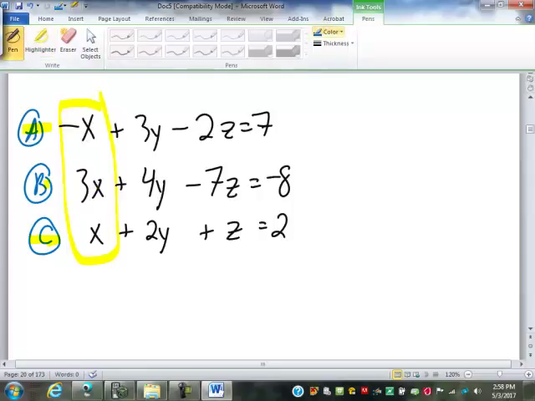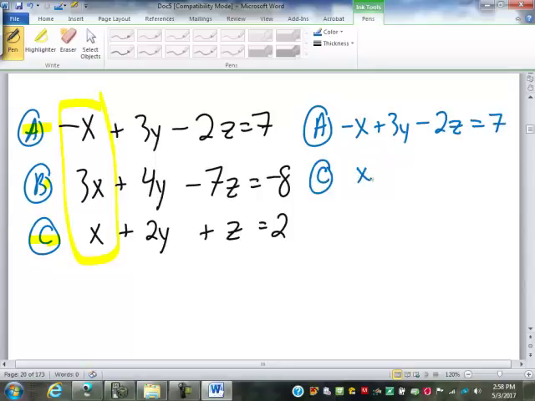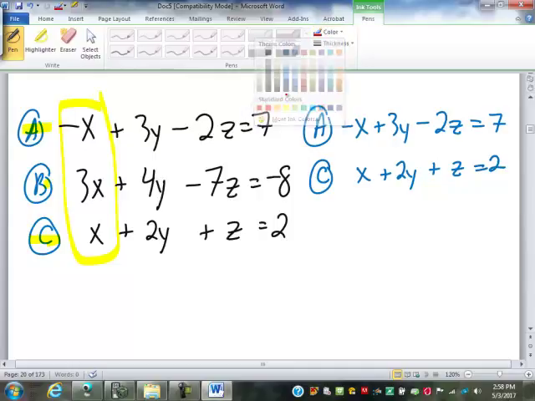We're going to eliminate x. So I'm going to add equation A and equation C. A is negative x plus 3y minus 2z equals 7. Equation C is x plus 2y plus z equals 2. I add those together.